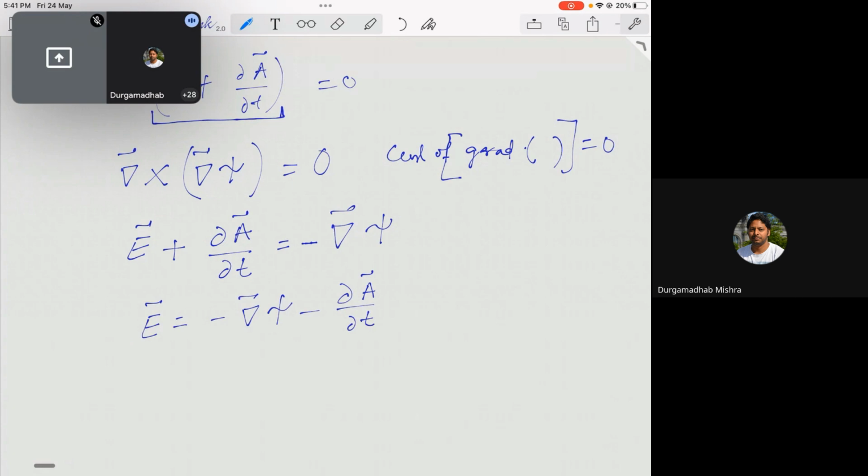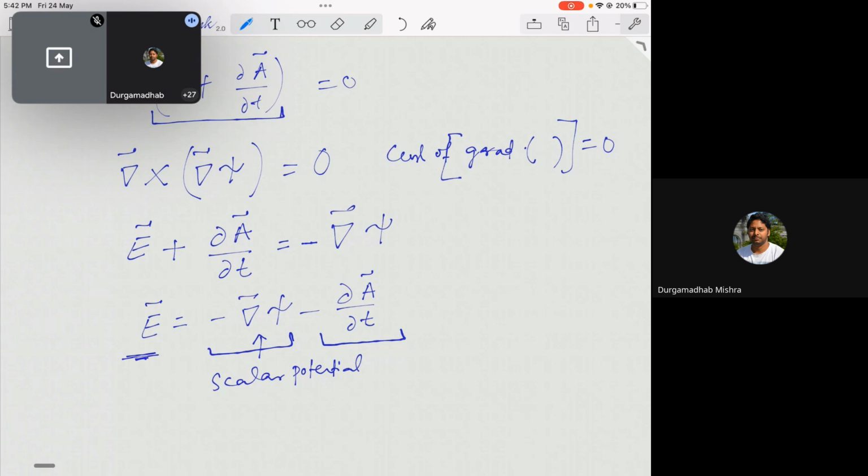We have an electric field which we are defining as a gradient of a scalar and the rate of change of the vector potential A. The first term is simply the scalar potential that we discussed, which clearly comes from the electrostatic case.